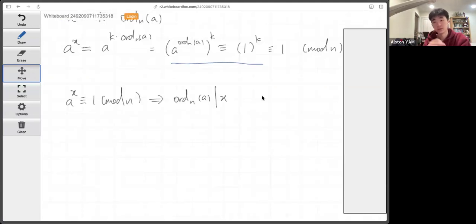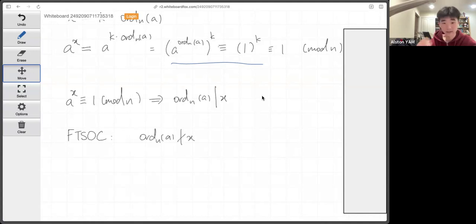Now this is slightly trickier, but not that much trickier. What we're going to do is use proof by contradiction. So for the sake of contradiction, I am supposing that the order of A with respect to n does not divide x.